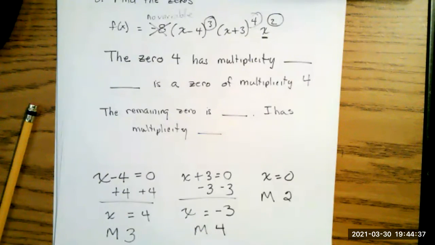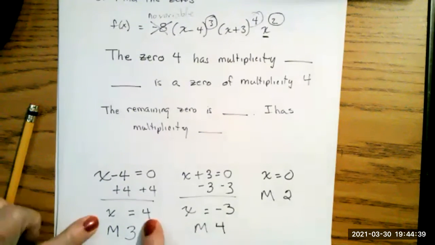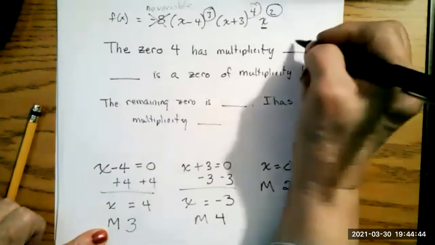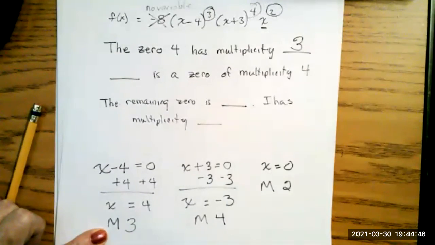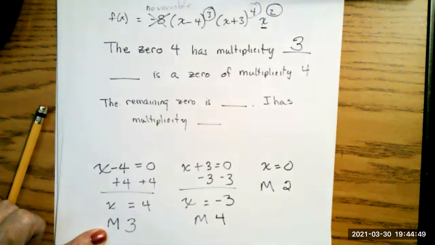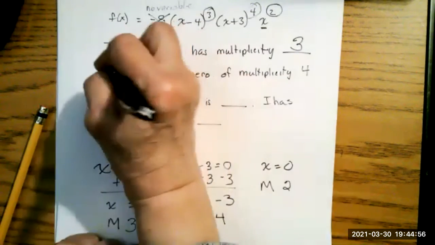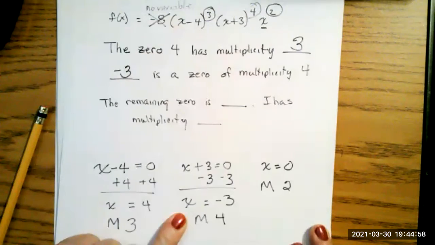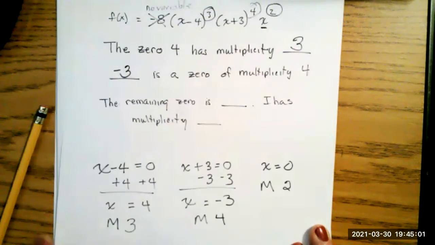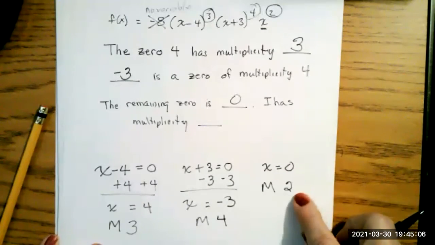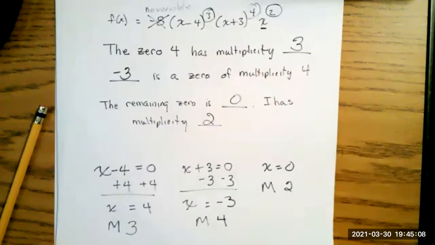The 0, 4, that's this one, has a multiplicity of 3. Blank is a 0 of multiplicity 4. So there's my multiplicity 4. The 0 is negative 3. The remaining 0 is 0, and it has multiplicity 2. You see how you fill that in?